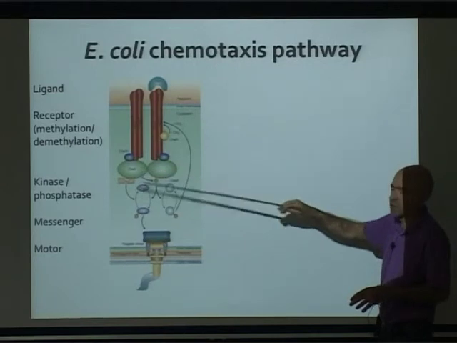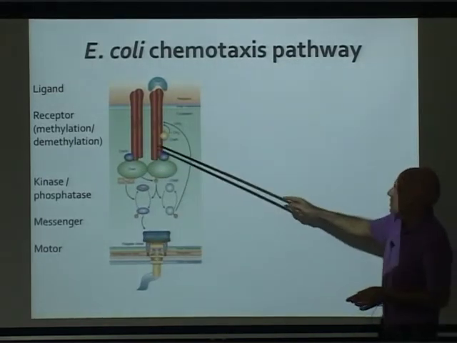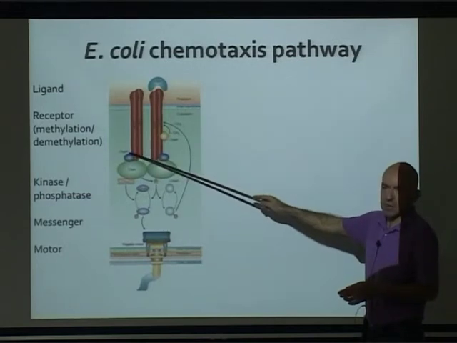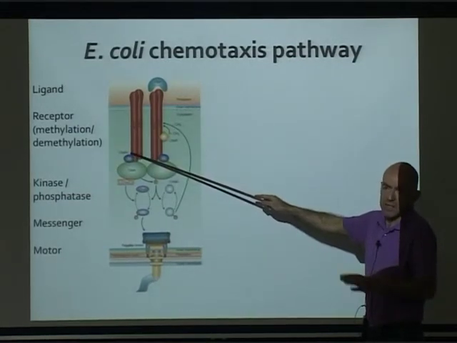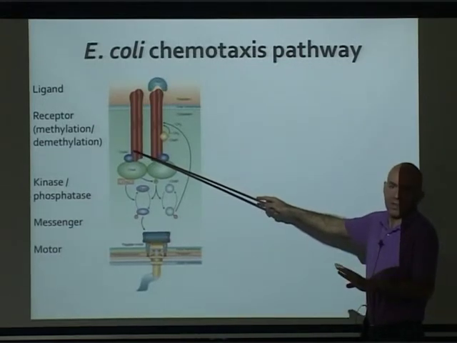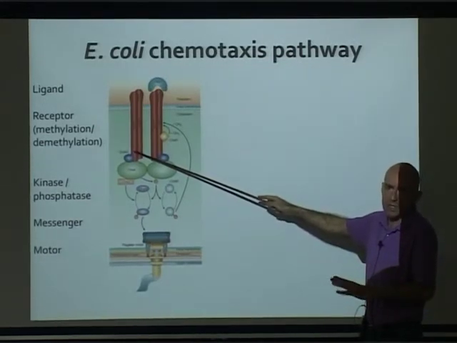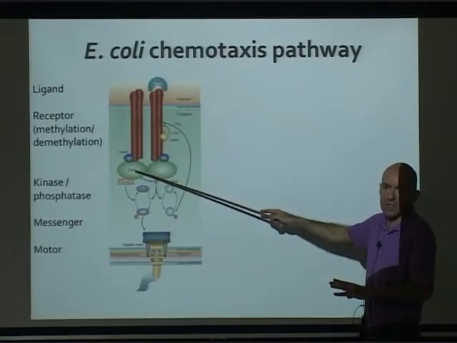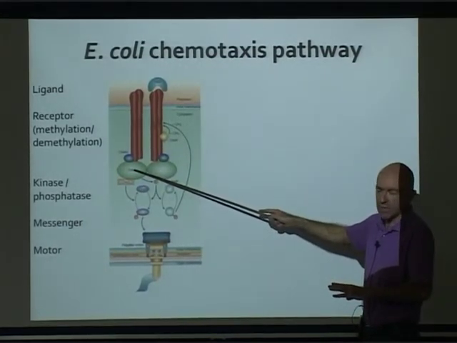So what happens on the inside? These receptors are linked via a scaffold protein, CheW. It's essential to chemotaxis, but it just plays the role of a scaffold protein. It makes the connection between the receptor and this more important protein, which is a kinase.